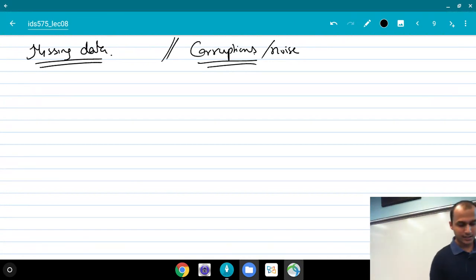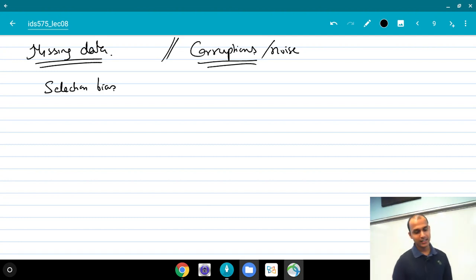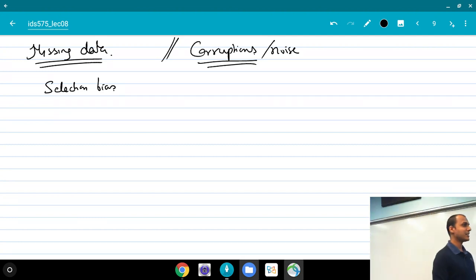One example is selection bias, and this example is in the notes as well. Let's say you make physical measurements of athletes who compete in the Olympics.